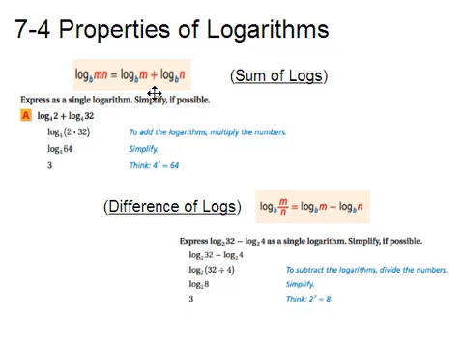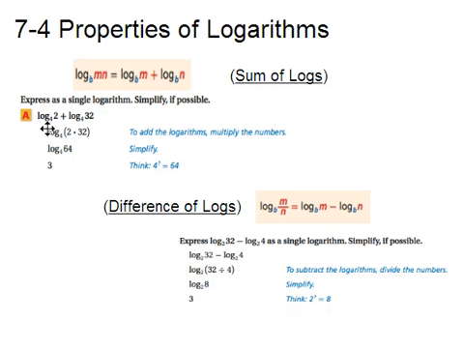If you have two terms with separate logarithms, but you have the same bases, and you're adding those two logarithms, you can combine them into one single logarithm. What you would do is multiply whatever is in the m place times whatever's in the n place. And you can also go in reverse. You could start with a single logarithm and break it apart into two separate terms.